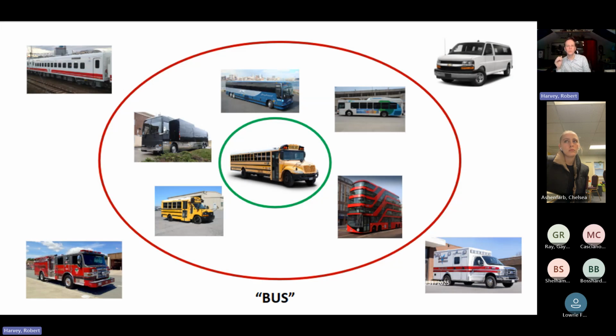This is the wonderful Gina Johnson's beautiful pictorial representation of the concept formation we were talking about. For a person to understand bus, inside the middle circle we have the perfect exemplar of a bus, right? In this case, school bus is probably what it should say.